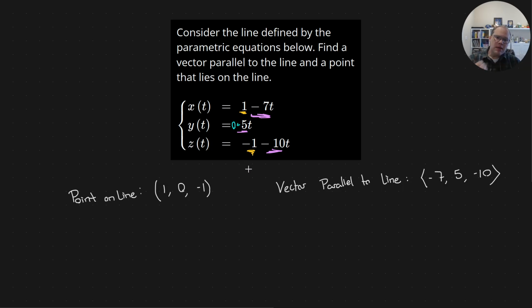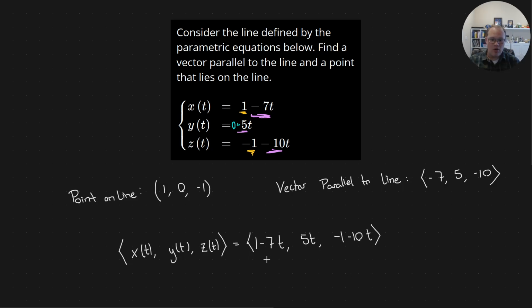So again, this is in parametric form. If you want to put it back into vector form, that's easy. My three equations are x of t, y of t, z of t. x of t is equal to 1 minus 7t. y of t is equal to 5t, and z of t is -1 minus 10t.